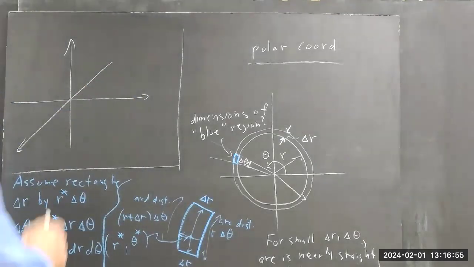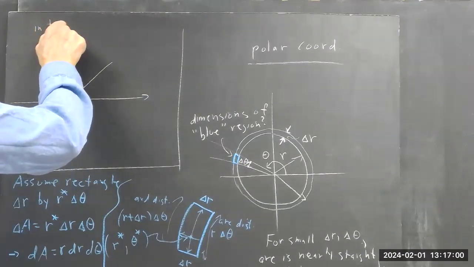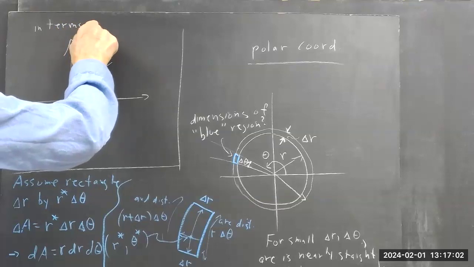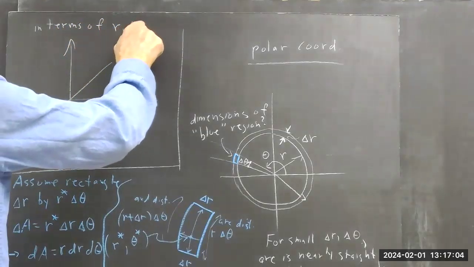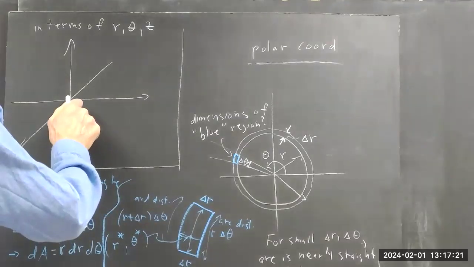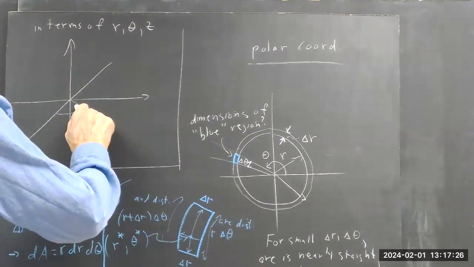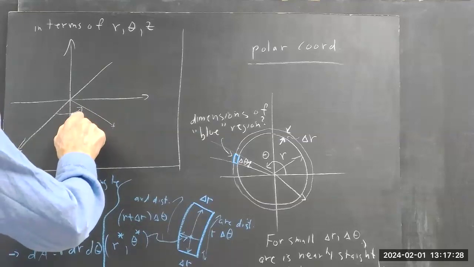But if we want to do this in terms of R, theta, and Z, which are our cylindrical coordinates, it means we've got a point down here in the XY plane.